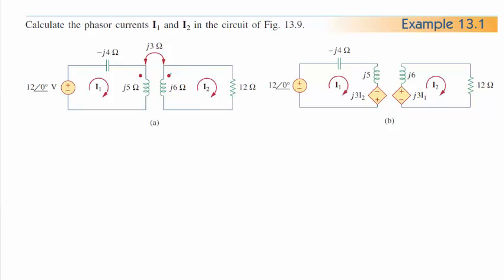So let me pick, we'll start with writing the loop equation for the left-hand side. The left-hand side, the primary side, has some voltage induced in it from the secondary side.